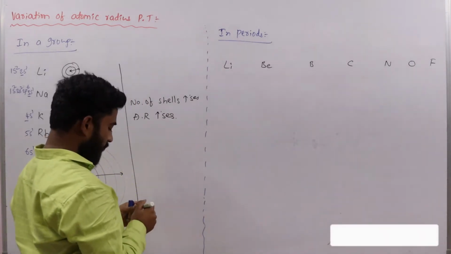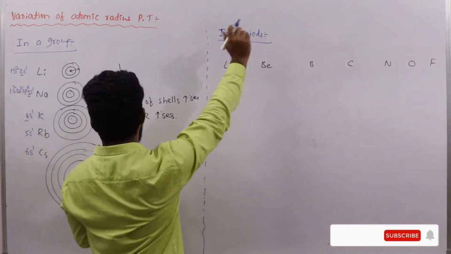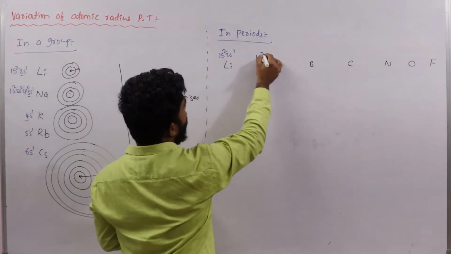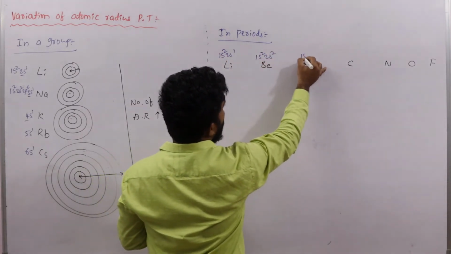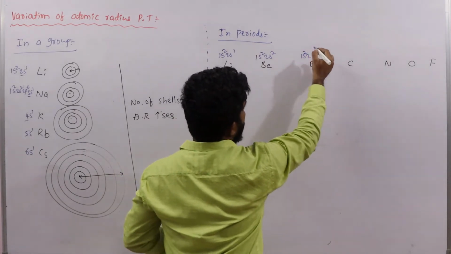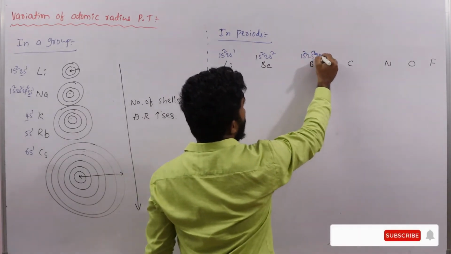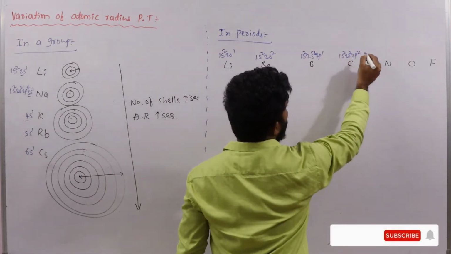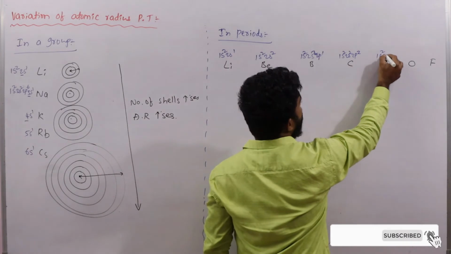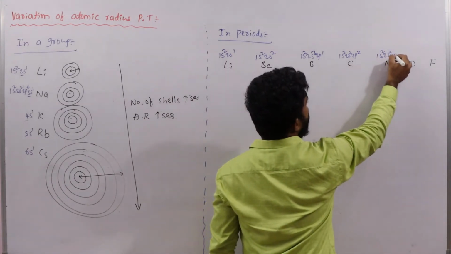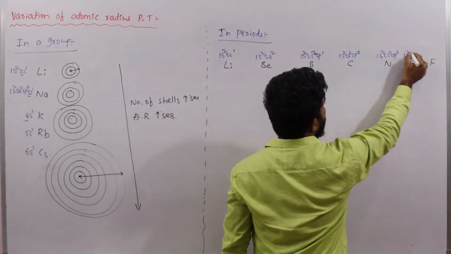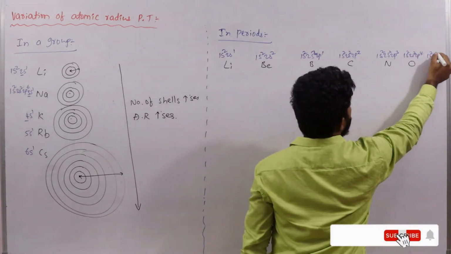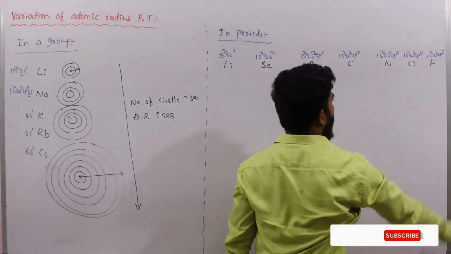Lithium electronic configuration is 1s2 2s1, beryllium 1s2 2s2, boron 1s2 2s2 2p1, carbon 1s2 2s2 2p2, nitrogen 1s2 2s2 2p3, oxygen 1s2 2s2 2p4, and fluorine 1s2 2s2 2p5.